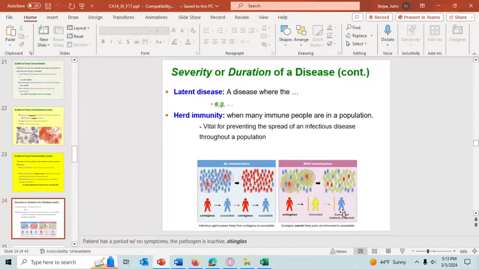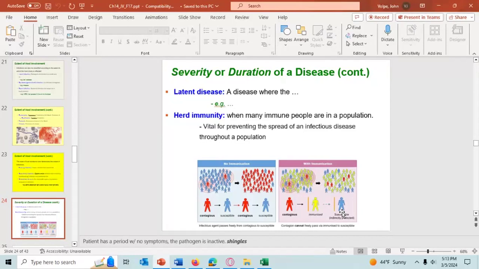Chickenpox usually hits children, although it can hit adults. And it's more serious if it does hit an adult. But chickenpox is a fairly mild disease among children. And like I said, it will stay dormant for decades.